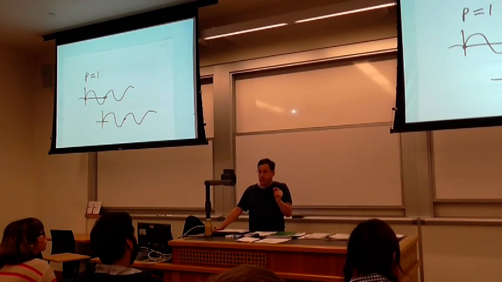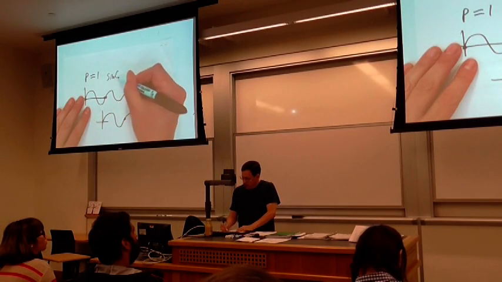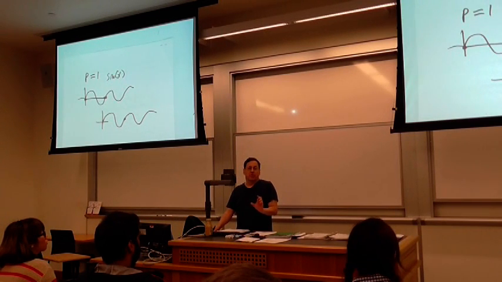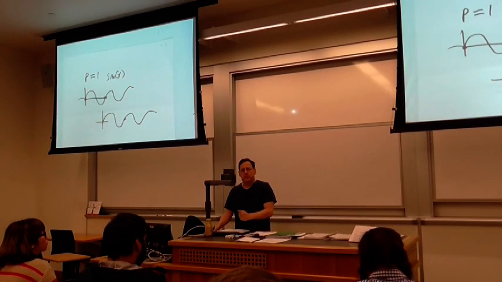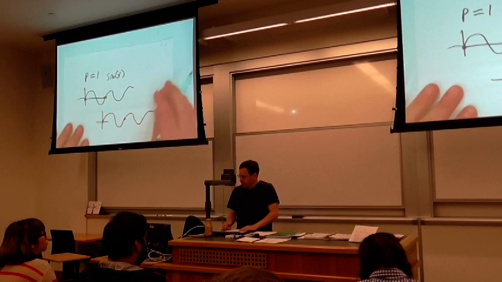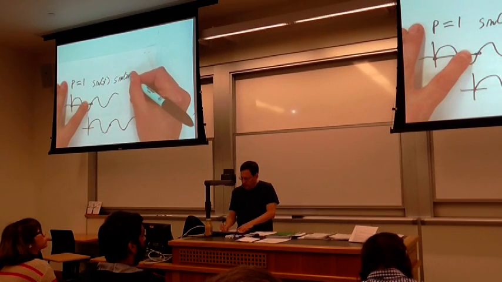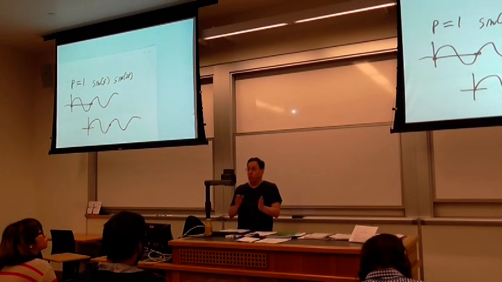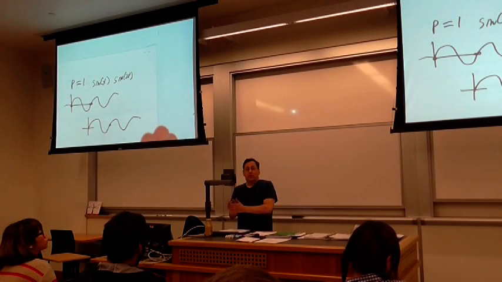Now let's be careful. If this function is sine of x, the period is 2 pi radians. So we're really talking about a relative scale, relative to the function. In other words, whether this is sine of x or sine of 2x or sine of half of x, a phase shift of 1 does the same thing. It just moves it 1 period.